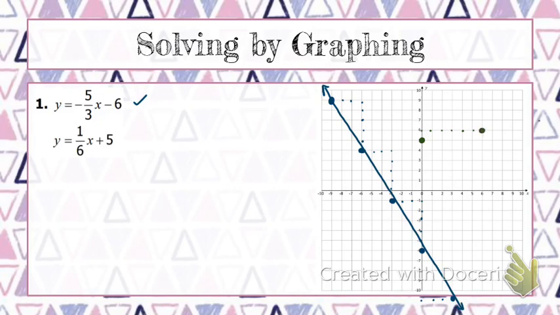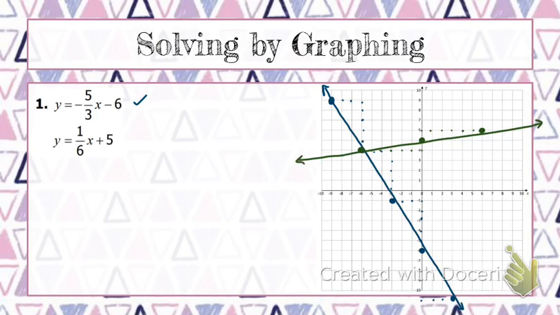Rise 1 and over 6 would be somewhere over here. So now we go down 1 and left 6. And here's one point. And then the next point would go off our graph. So then we're going to connect our lines, roughly.